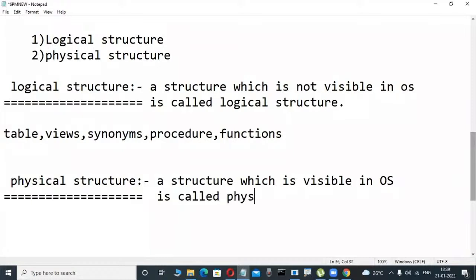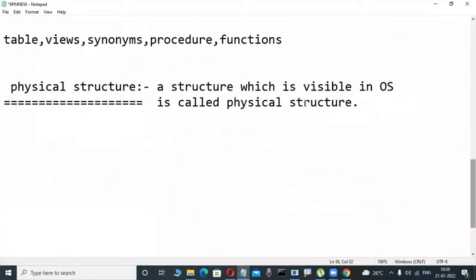Who are the persons working in this physical structure? It's a big concept. I'm telling only the definition side, because today I will tell you which definition of database is correct. A structure which is visible in the operating system is called a physical structure.